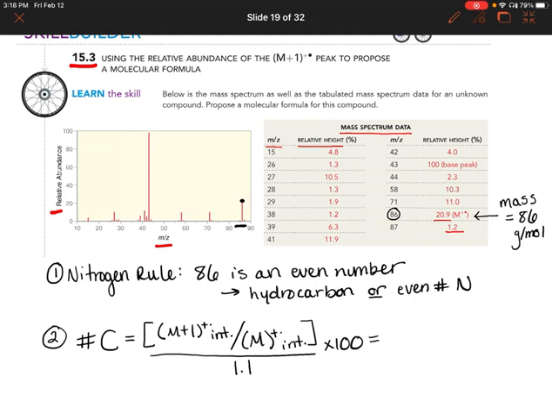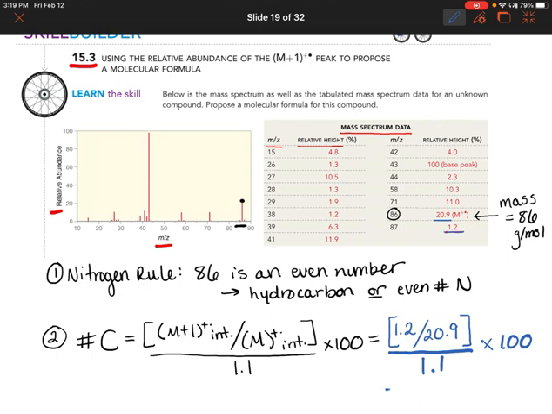Let's plug in our values, and thankfully we were given those in our table. The intensity of the m+1 peak is 1.2, and the intensity of our parent peak is 20.9. I'm leaving out the percentage sign. So we'll divide 1.2 by 20.9, then divide that whole thing by 1.1 and multiply by 100.